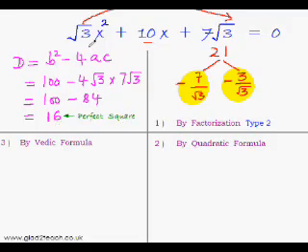Alright, so now I'll solve this same quadratic equation by a different technique, that is by using the quadratic formula, which is x equal to minus b plus minus root d divided by 2a.